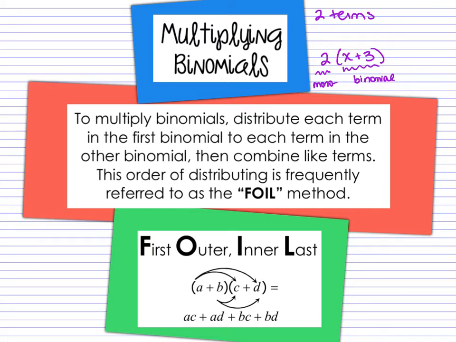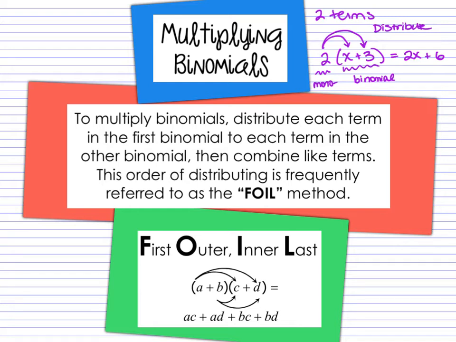When we have a monomial times a binomial, we distribute. So we multiply the 2 times the x to give us 2x, and we multiply the 2 times the 3 to give us 6, plus 6. So that is a monomial times a binomial.